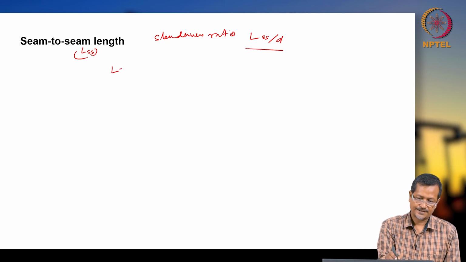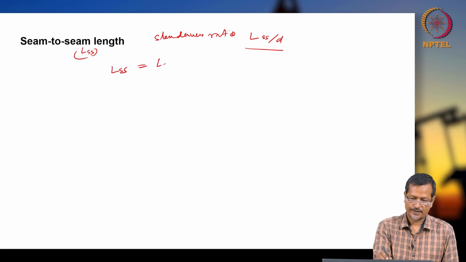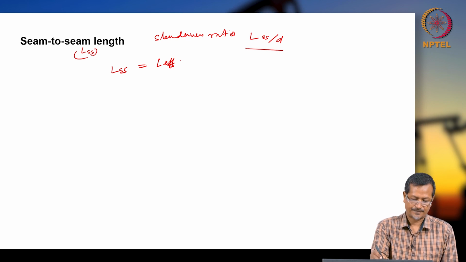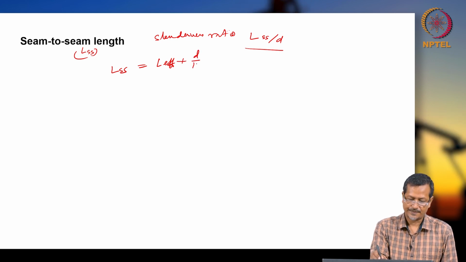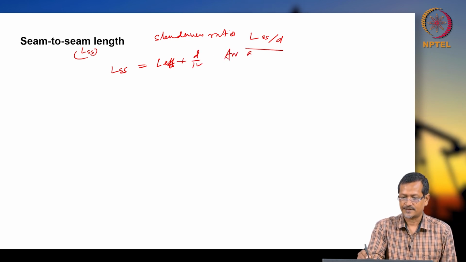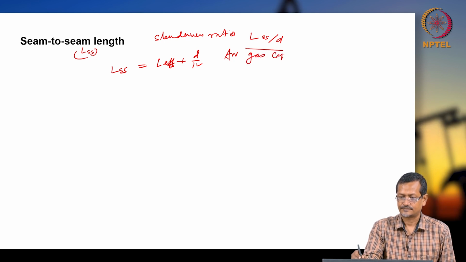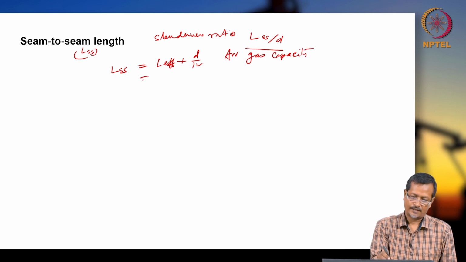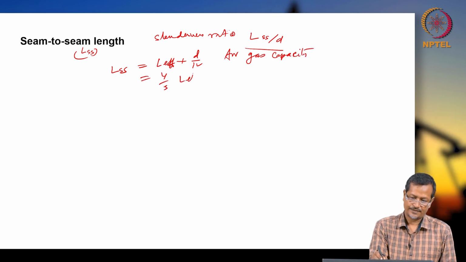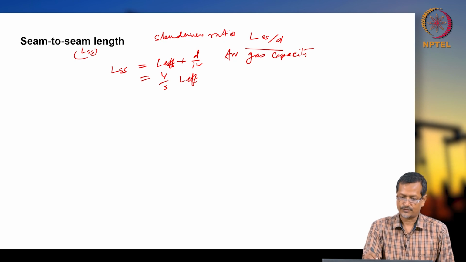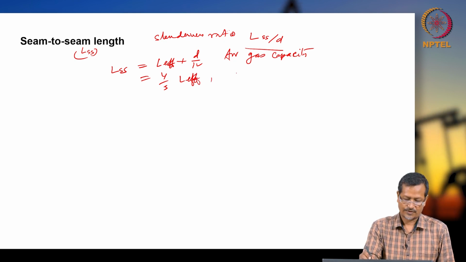Now LSS is related to L effective. This is some empirical relationship: D by 12 for gas capacity equals 4 by 3 LEFF for liquid capacity.